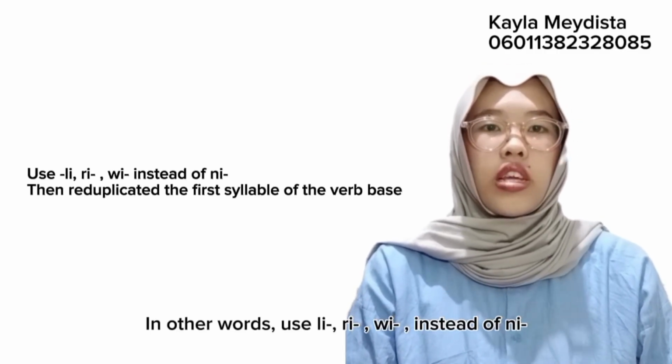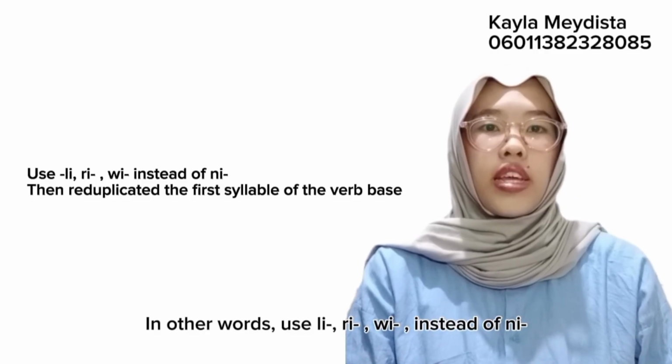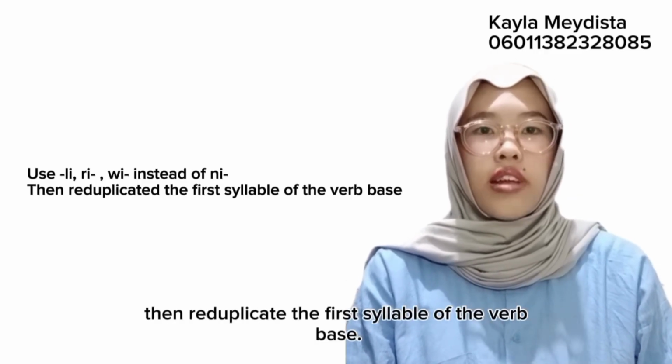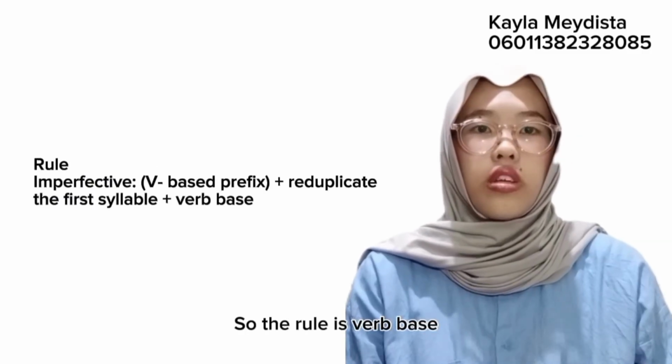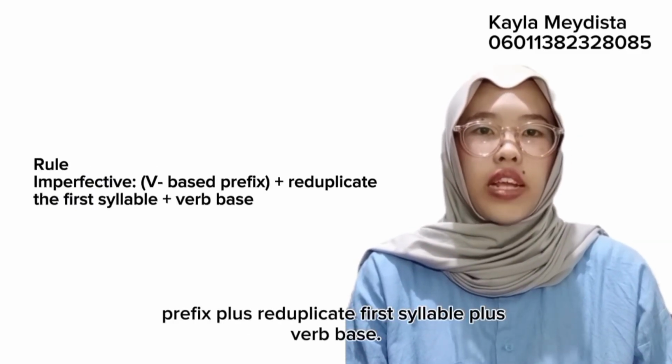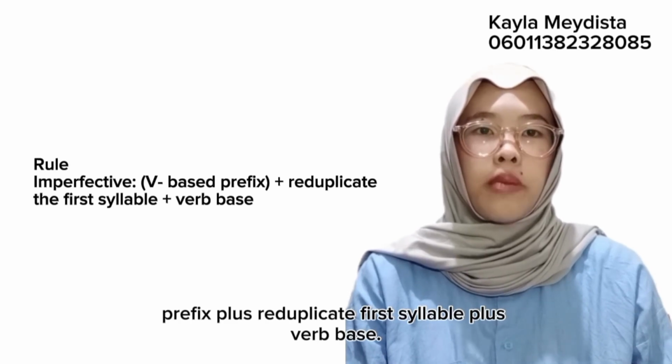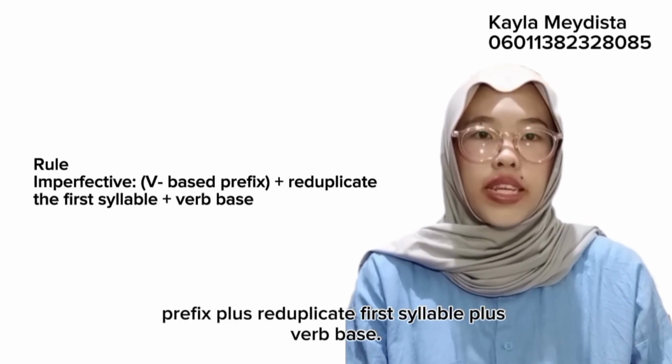In other words, use li, ri, wi instead of "ni", then reduplicate the first syllable of the verb base. So, the rule is verb base prefix plus reduplicated first syllable plus verb base.